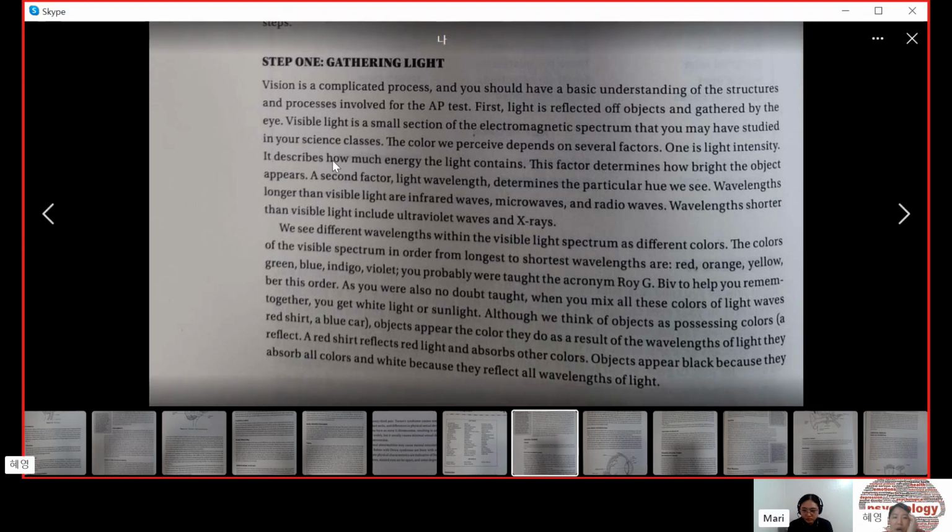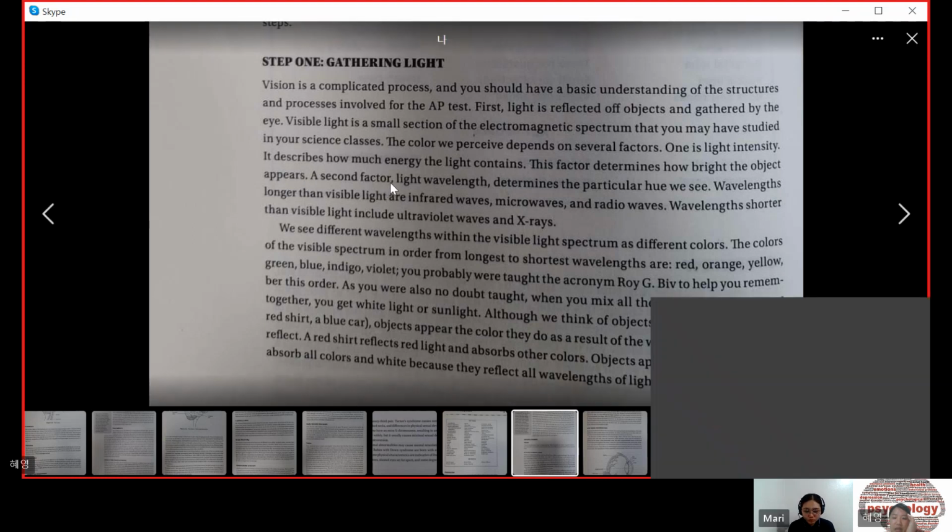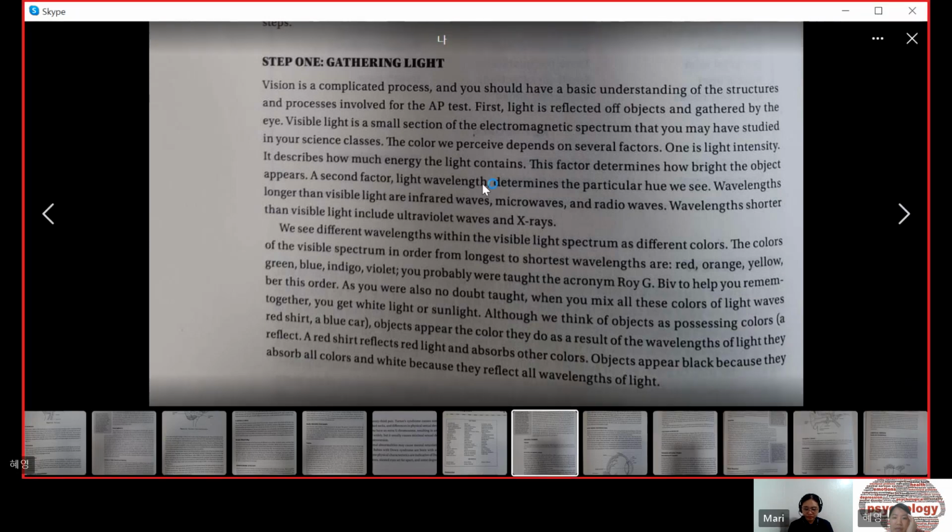It describes how much energy the light contains. This factor determines how bright the object appears. A second factor, light wavelength, determines the particular hue we see.